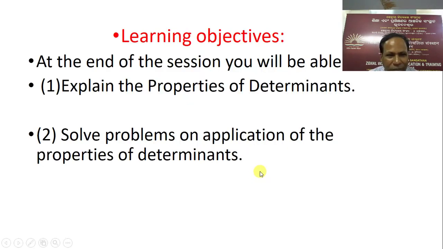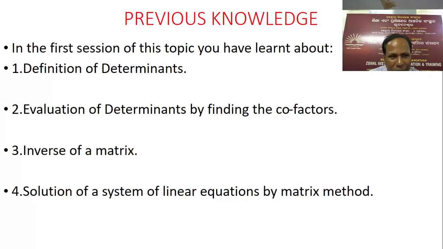So today we will be discussing how to evaluate a determinant using the properties of determinants. Prior to this, in the first session of this topic, we have learned about the definition of determinants, evaluation of determinants by finding the cofactors, the inverse of a square matrix, and solution of a system of linear equations by the matrix method.